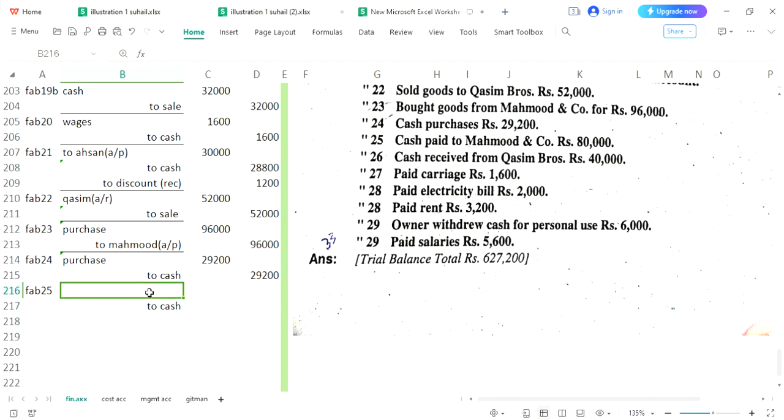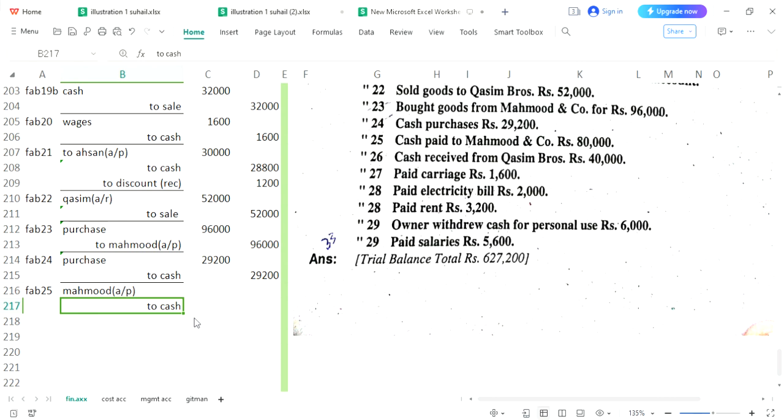Secondly, on February 25 you have paid this cash to Mahmood. Mahmood was the person to whom the amount was payable and now you have paid the amount. It means Mahmood is no more account payable, no more your liability. Liability has been decreased. A decrease in liability should be mentioned on the debit side. So you will debit Mahmood, account payable, on the debit side.